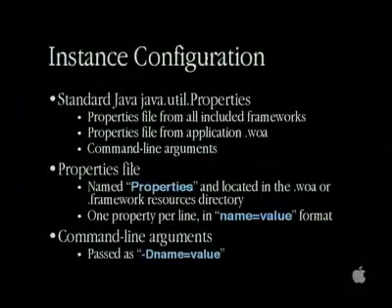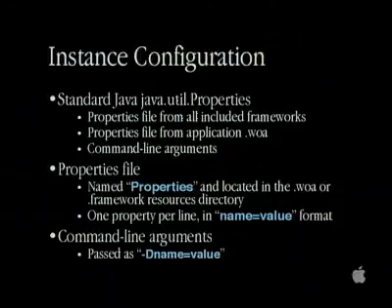Instance configuration. For defaults for your applications, you can use the standard Java util properties. First, the properties file from all included frameworks are scanned, and then those values are overridden by the properties file in your application.woa. And then finally, those options are overridden by command line arguments that you might set.